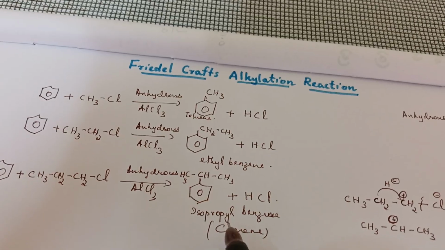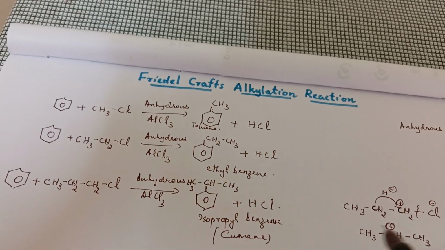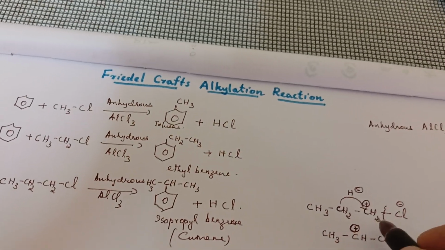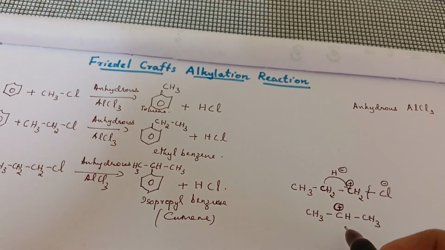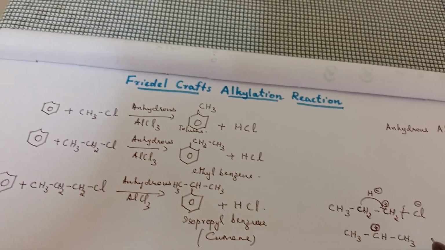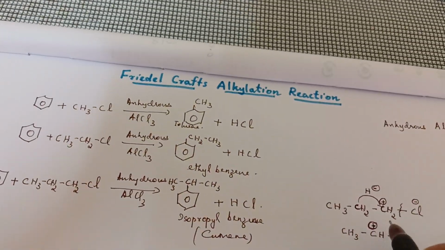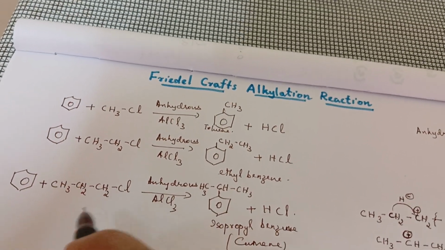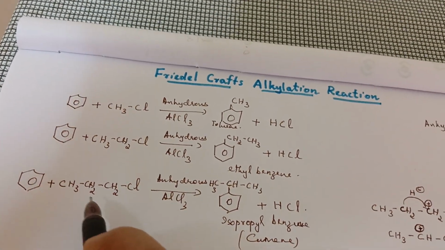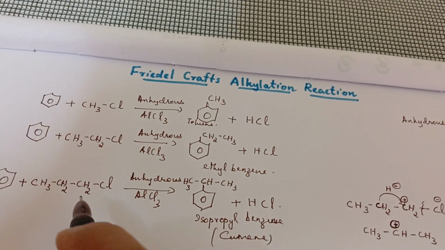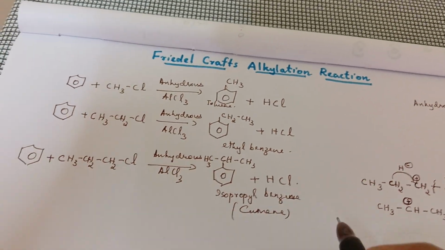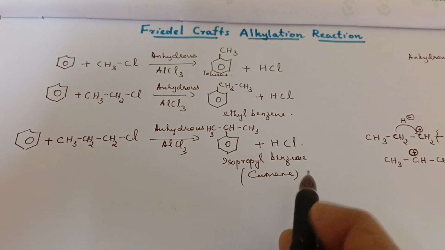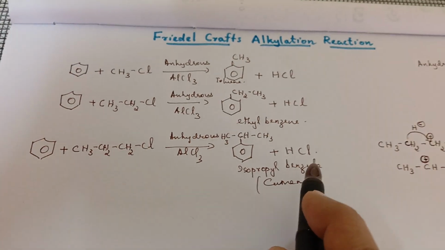That is why you have got isopropyl benzene. So this happened because of the consideration for a more stable carbocation. And you have to see that this happened in the case of alkyl groups having more than 2 carbon atoms. So the product you obtain is isopropyl benzene or cumene and HCl.